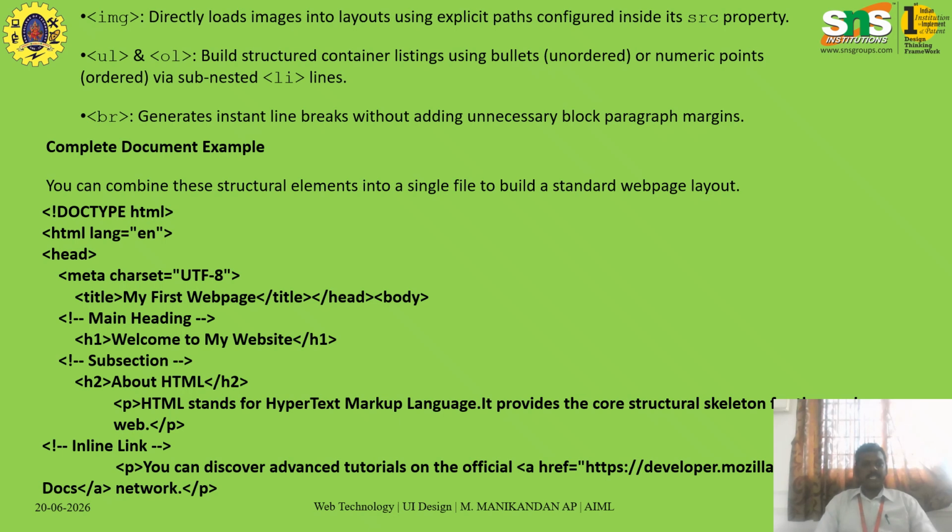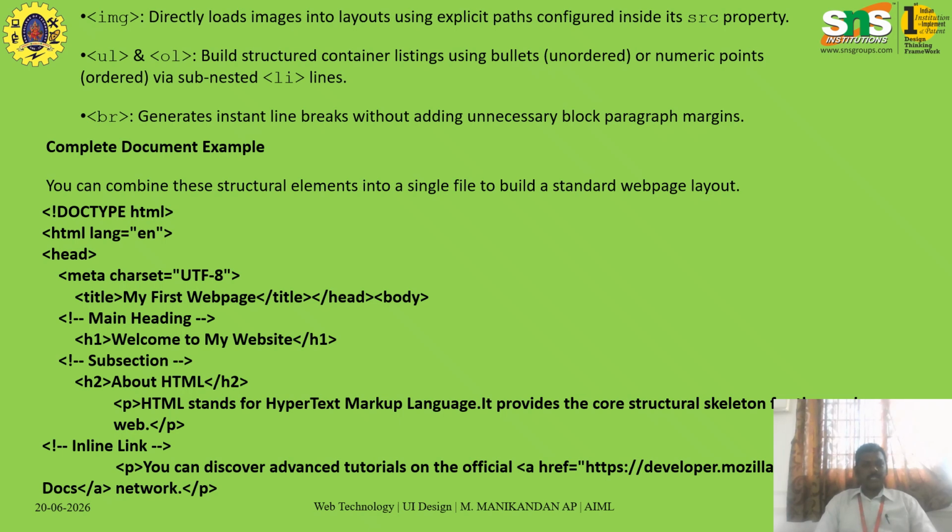Next, the break tag generates an instant line break without adding unnecessary block paragraph margins. If we give a break tag after any HTML tag, it will give one line break each time.